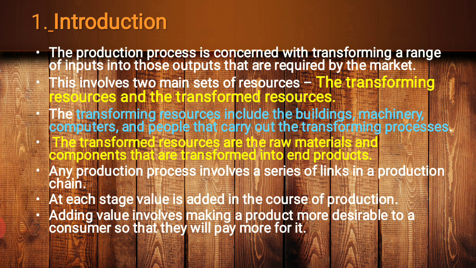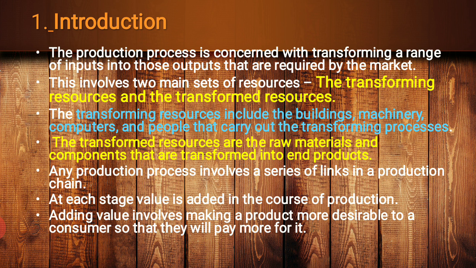Alright, here we are introducing ourselves to production. If anybody now asks you what a production process is, you must be clear that it is the kind of process through which we try to change the inputs into some kind of required outputs. It involves two things: the transforming resources and the transformed resources.